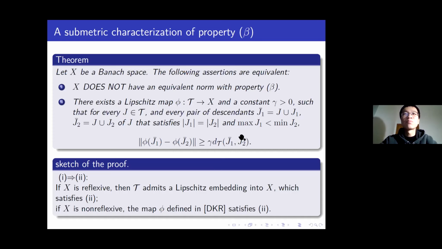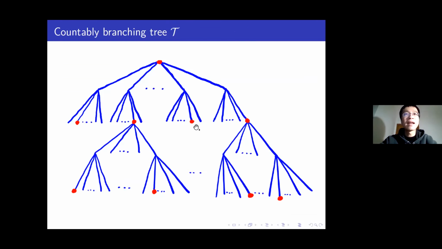So phi has this nice property so that you can apply the bending lemma to the first fork to get a red point.